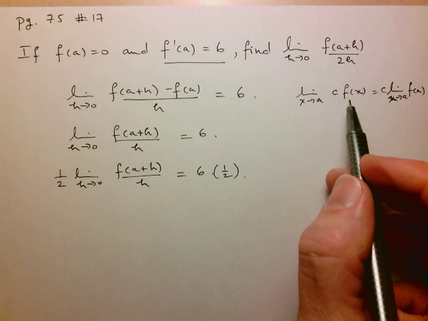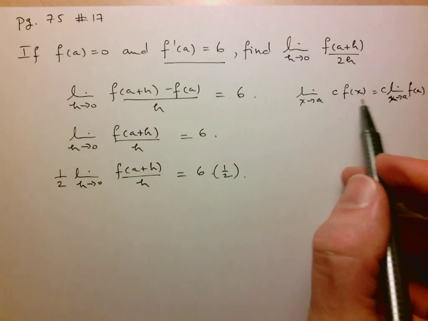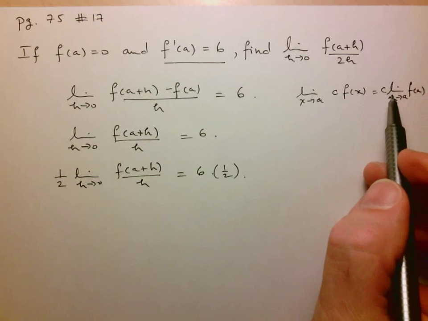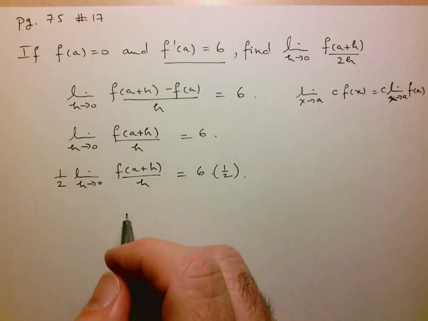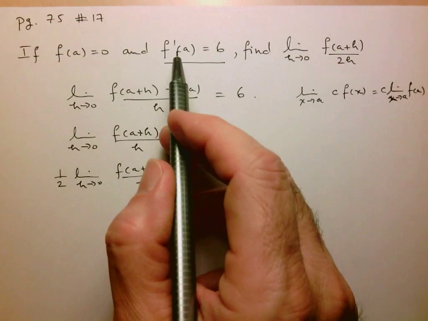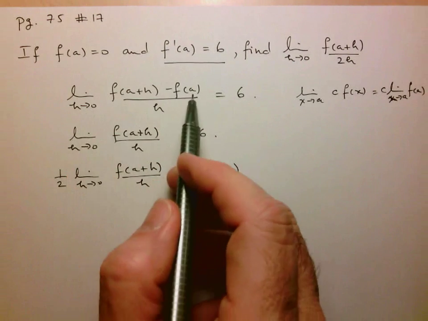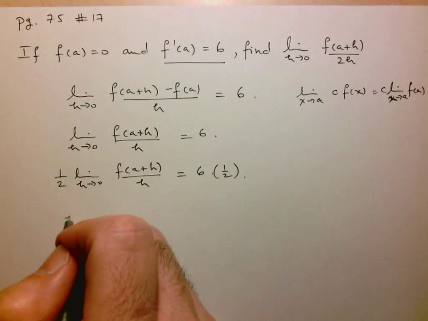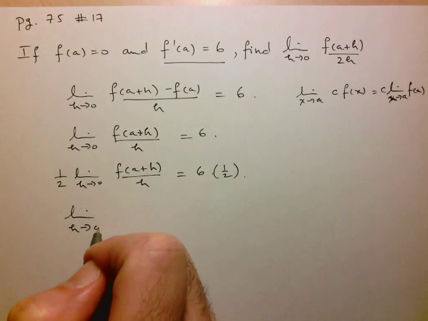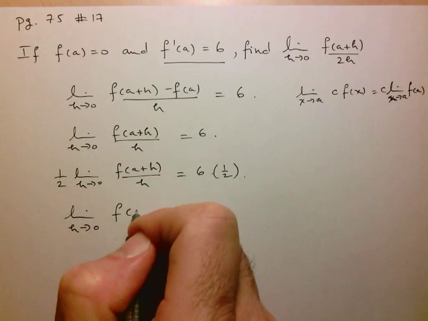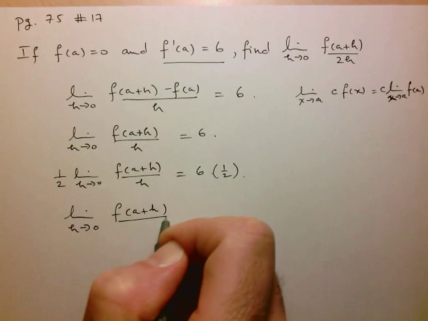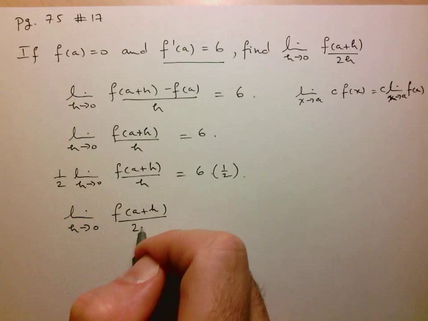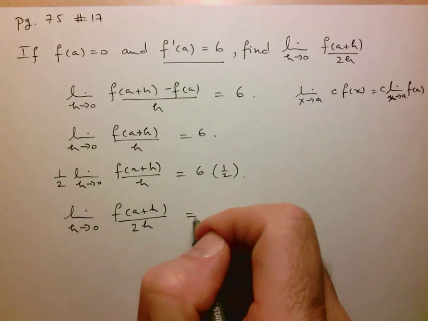This property only is guaranteed to work if this limit of the function actually exists. But since the derivative exists, we know this limit exists, so that's why we're allowed to use the property. So we're allowed to write that as the limit as h approaches 0 of f at a plus h, and bring the 1/2 in, so that gives me my 2h in the denominator.